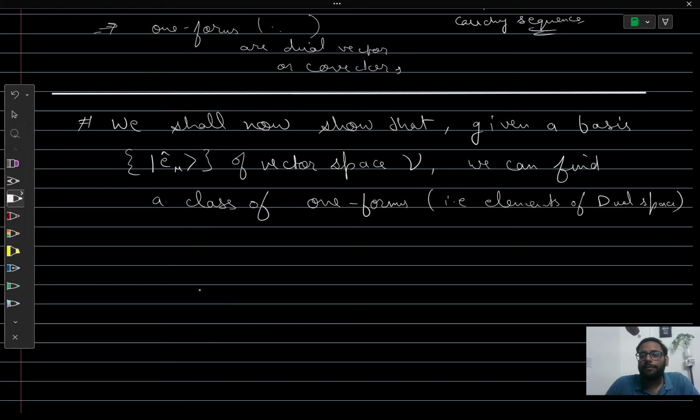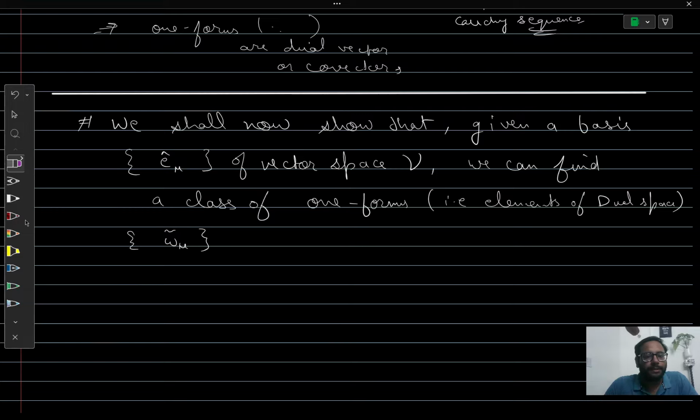Okay, we can find a class of one forms that is denoted by omega. You can write it like this. This is my class of, okay, let's not denote it by bra and ket.